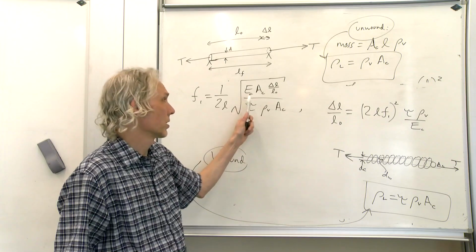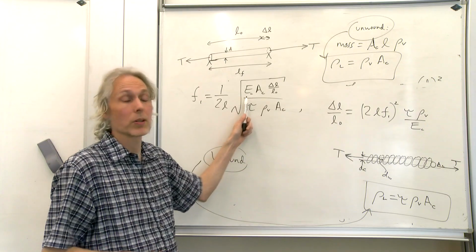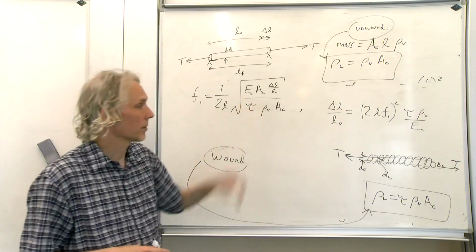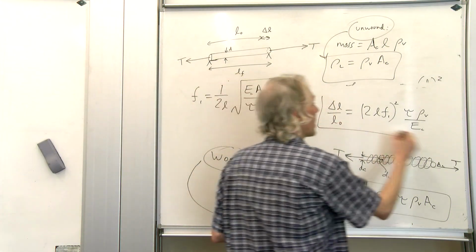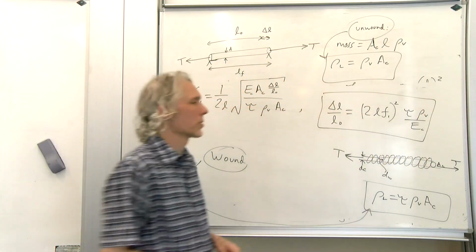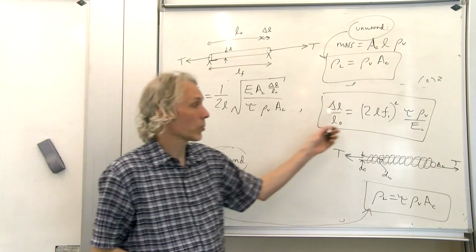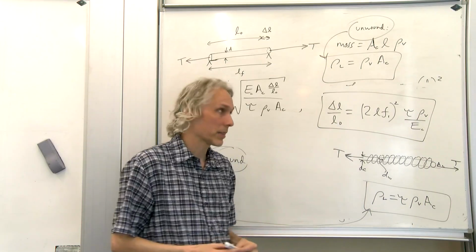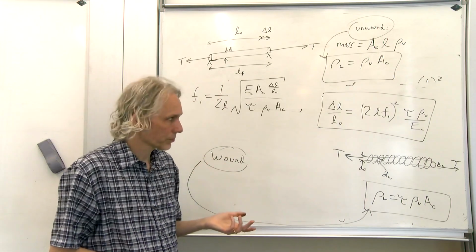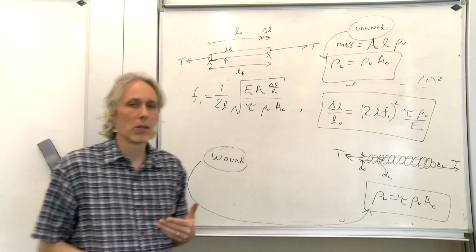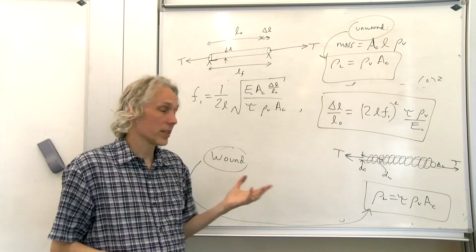It's only the engineering strain of the core that actually matters here. Okay, so it's no longer the case that wound strings are going to automatically have the same engineering strain irrespective of your choices in designing a string.